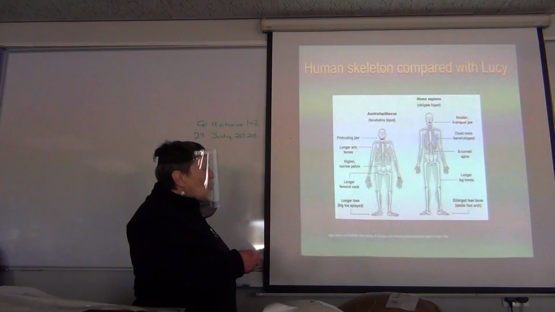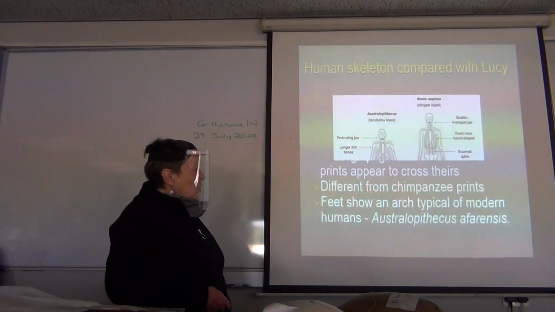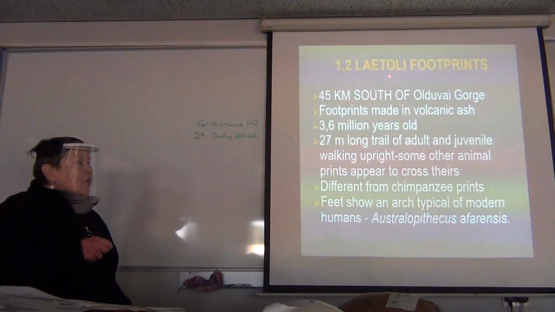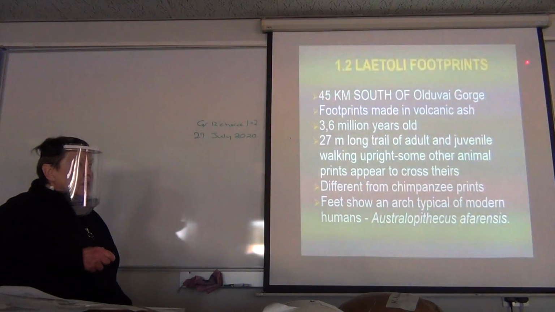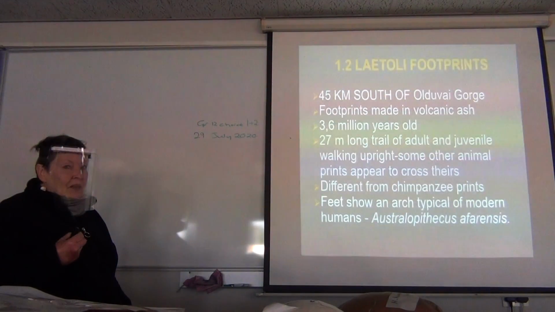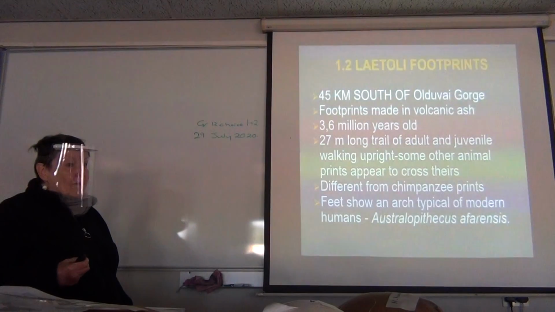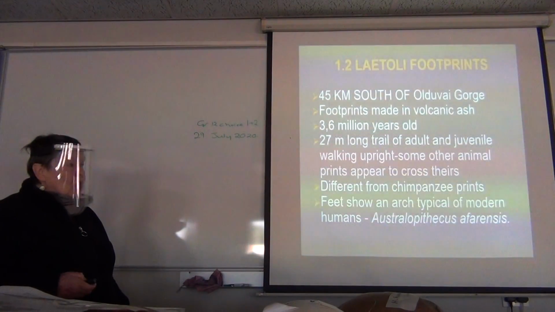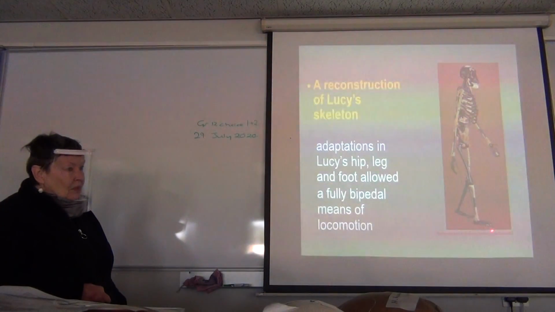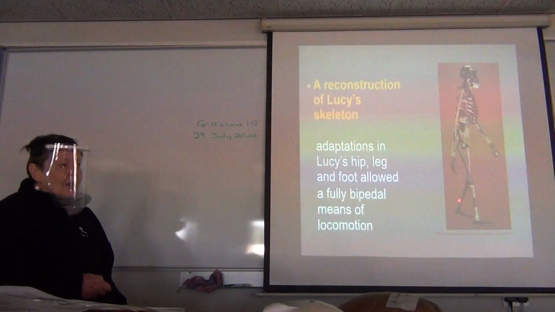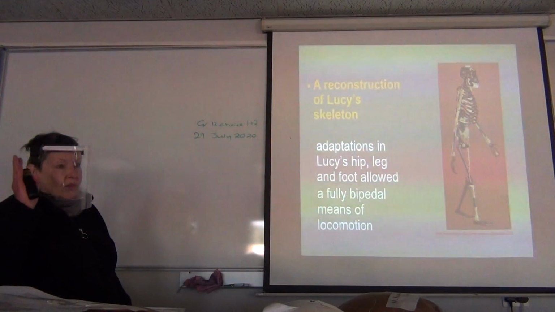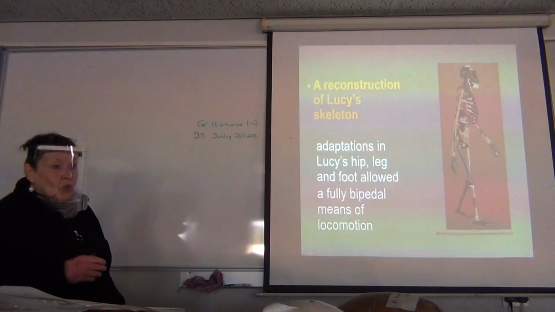Smaller jaw, etc. Okay. All right. Very, very famous footprints. These footprints give evidence of how Australopithecus afarensis walked. So while they can look at the skeleton of the particular organism, especially a reconstruction, they are hypothesizing with this bone structure, this is how the individual walked.